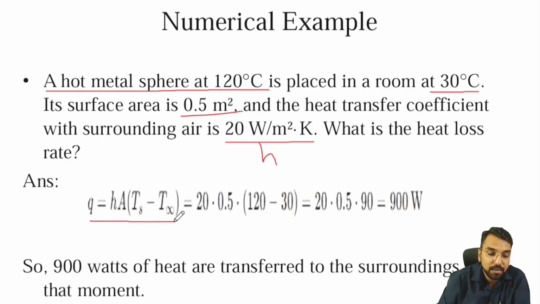That equation is Q = hA(Ts - T∞), where Ts is the surface temperature of the object and T∞ is the ambient or surrounding temperature. Putting in the numerical values, h is 20, A, the surface area of the sphere, is 0.5 square meters, Ts is 120, and T∞, the ambient room temperature, is 30 degrees Celsius.